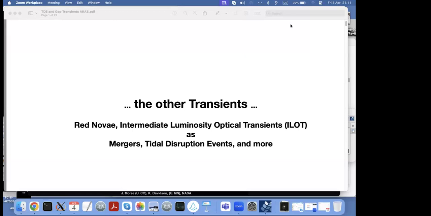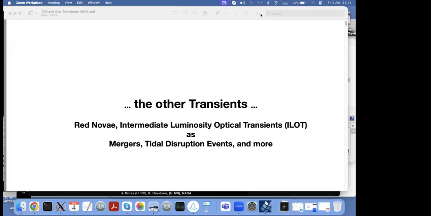Okay? So to start with, one of the concepts that is really puzzling, incredibly well known, and largely misunderstood is the idea of a common envelope. This is going to be very important for the discussion of red novae and mergers and even tidal disruption events.